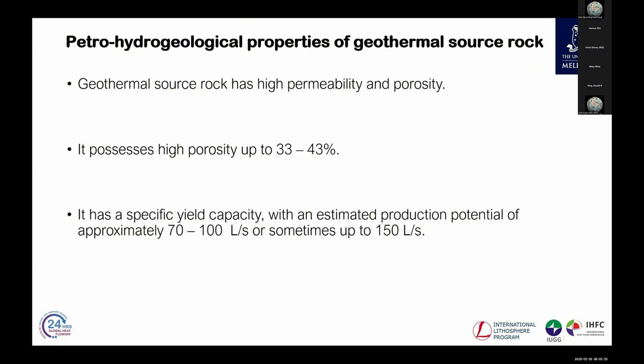It has high permeability and porosity, and you can see in the figure that porosity goes up to 43% in the basin. It also has a high specific yield capacity, with an estimated production potential of approximately 70 to 100 liters per second, or sometimes up to 150 liters per second, which is pretty high compared to sedimentary source rocks in different parts of the world.